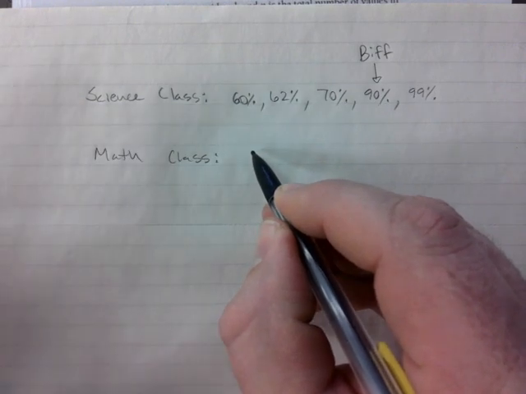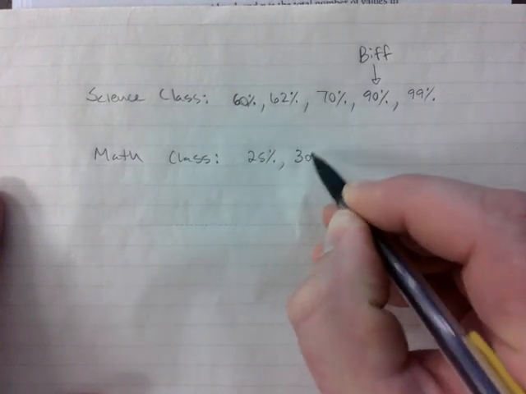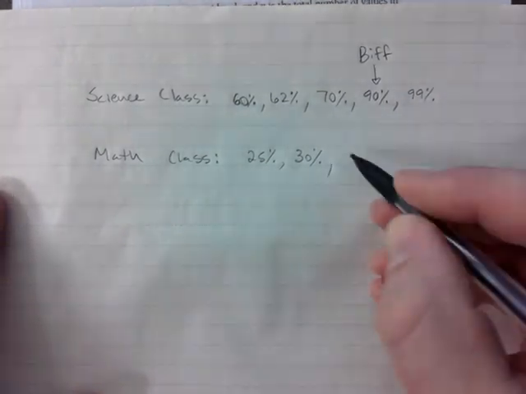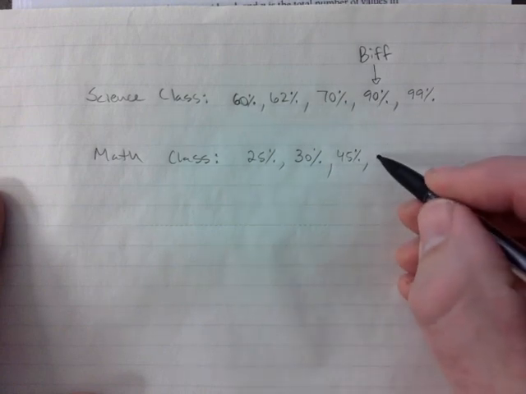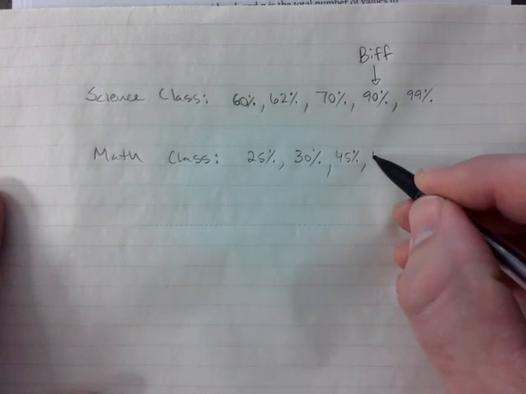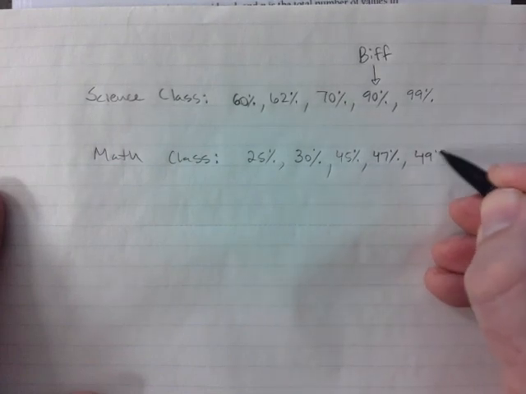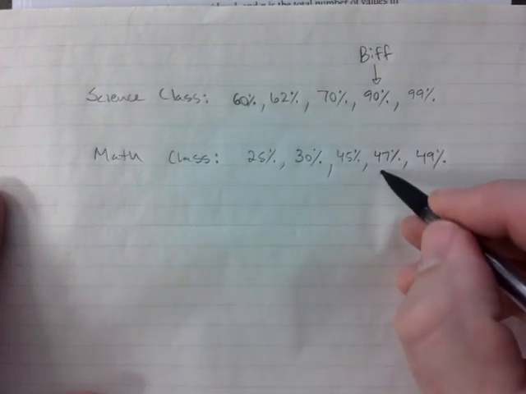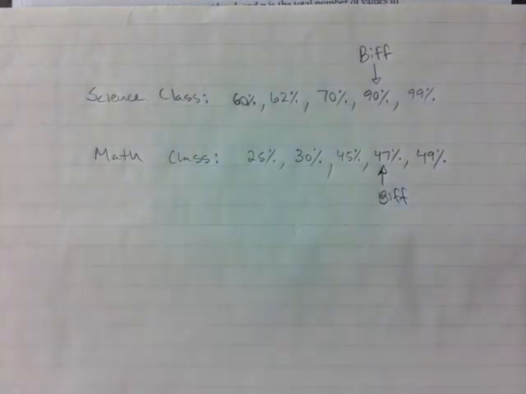Mr. Dirksen was just starting to teach, and so nobody had a clue what was happening, right? These are the test scores. Got it? Uh-oh. And this is Biff here in the math class. Okay.